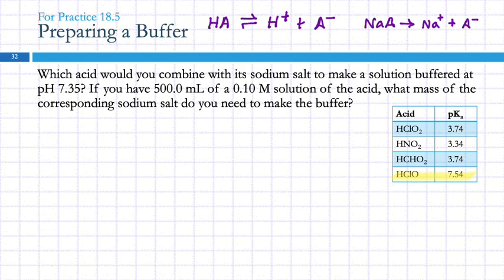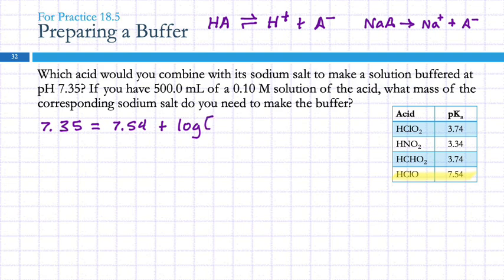So it's going to be used a little bit differently. We're not solving for pH here. We know what pH we want. We want pH 7.35. 7.35 is going to equal the pKa, this guy down here, plus the log of the base concentration over the acid concentration.